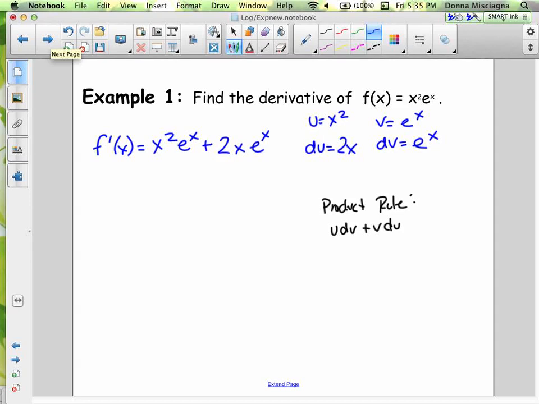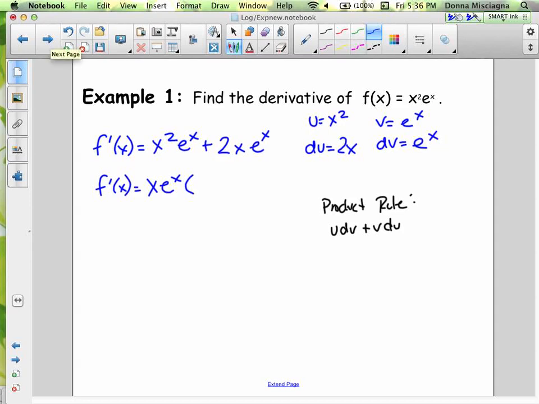We do have some common factors here, and it would make sense to factor those out if we were then setting this equal to 0 and solving. So for some practice, let's factor those out. The common factors we have are an x and an e to the x. So we could also write this, and sometimes it's in a different form, so it's good to know both forms.